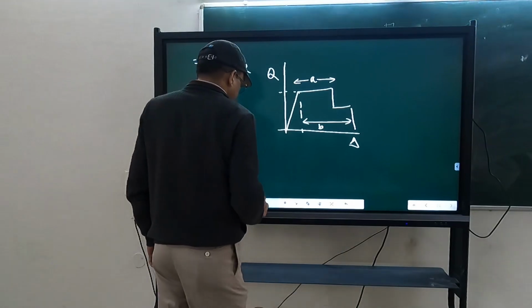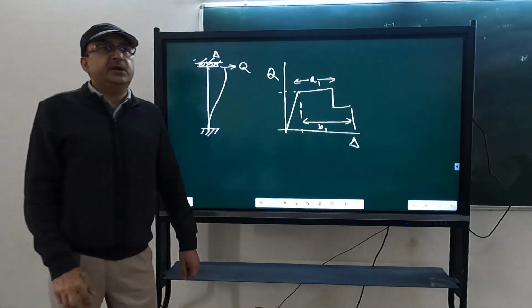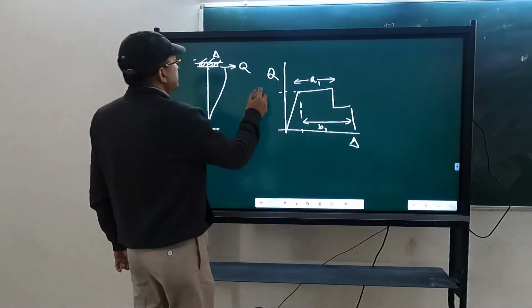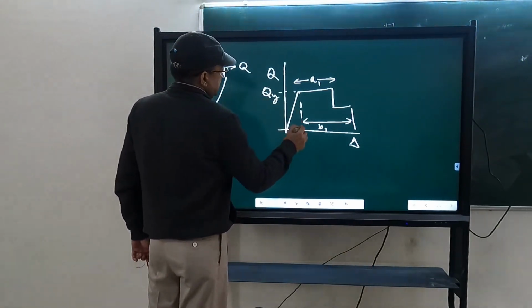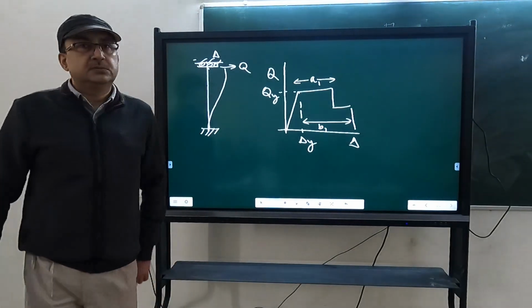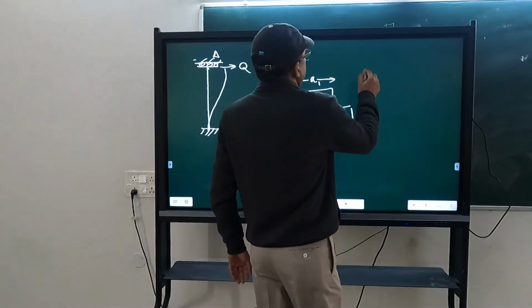Let me call it by some other symbol, A1, B1, because A and B we have used for the cantilever. And this is QY and delta. So can you tell me how much is QY in this case?